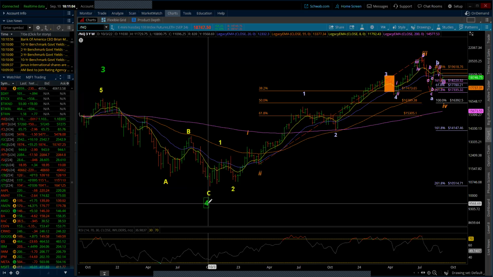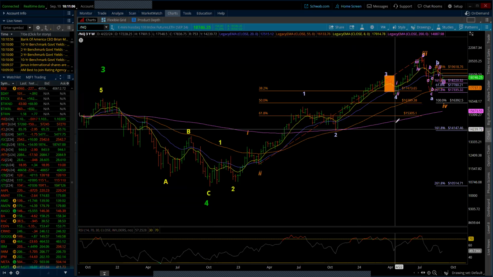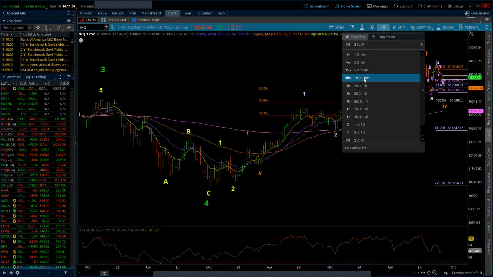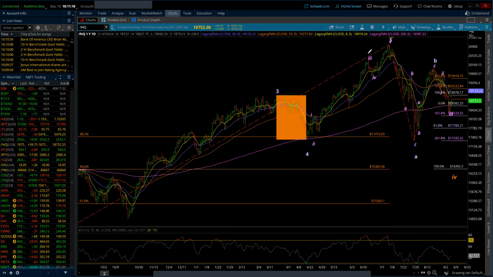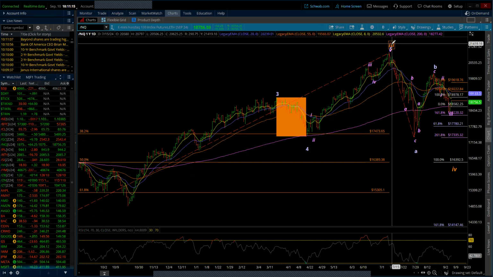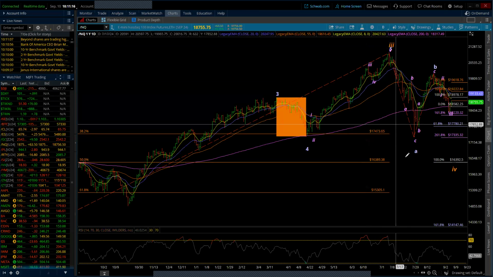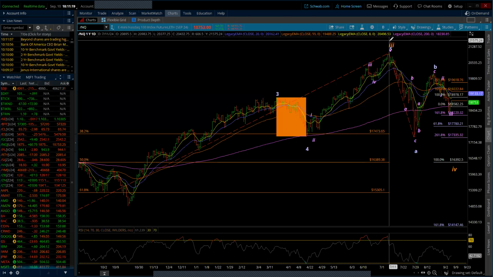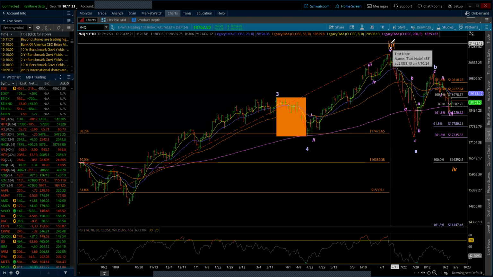So that's the basic premise. So where we are, I'm going to bring it back down to, let's just go to the daily chart. And you can see, here we are sitting within this minor fourth wave. And that's the color I use for minor, that kind of orangey color.